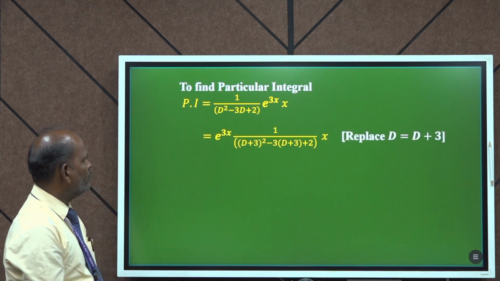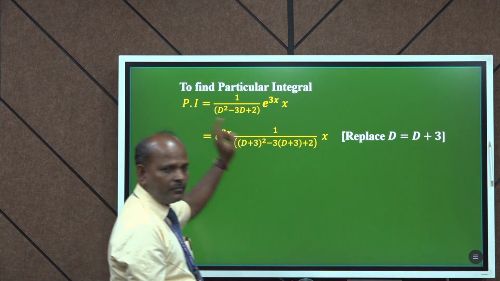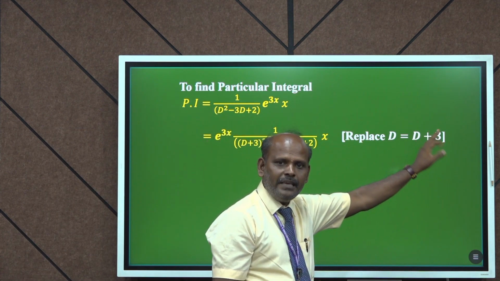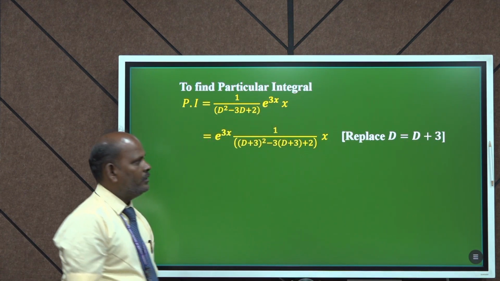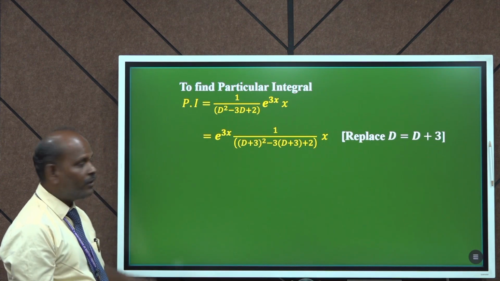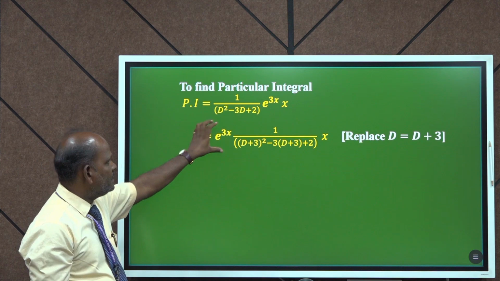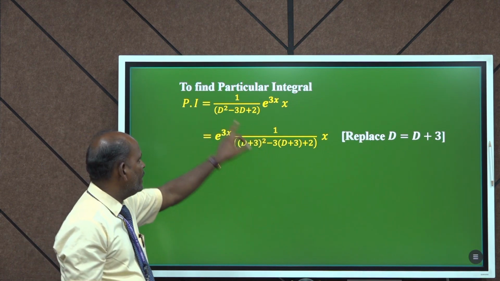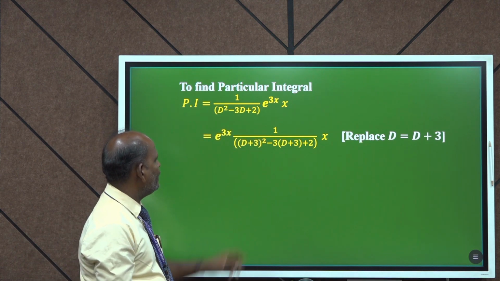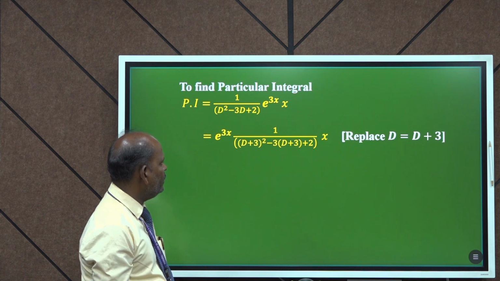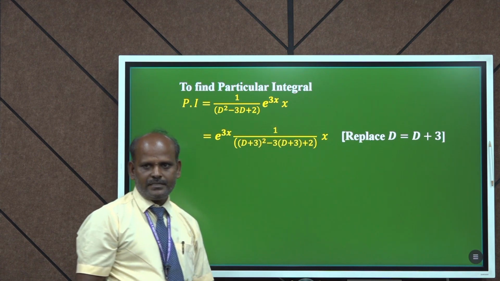So we put the substitution D is equal to D plus a. Here a is equal to 3, therefore D plus 3. Therefore our PI becomes e power 3x into 1 by (D plus 3) the whole square minus 3 into (D plus 3) plus 2 of x.